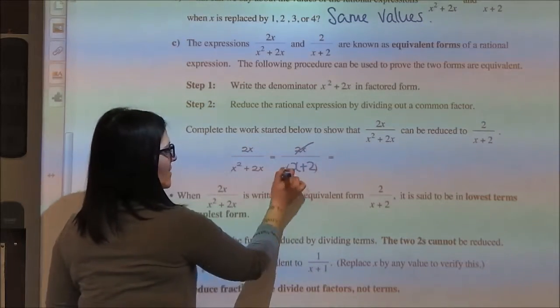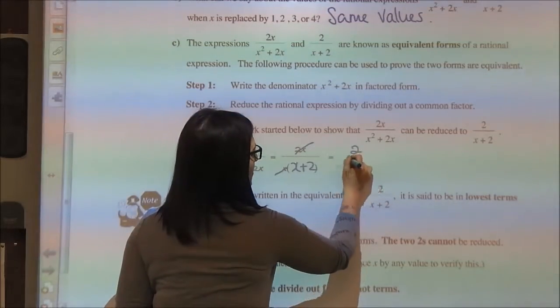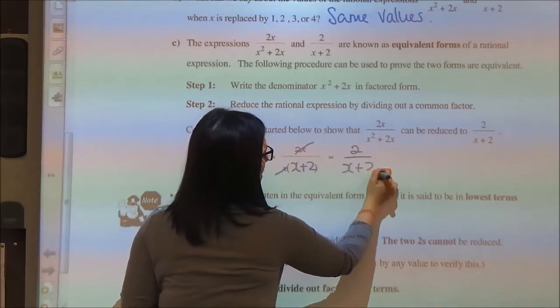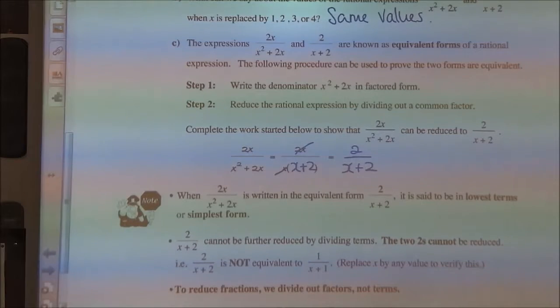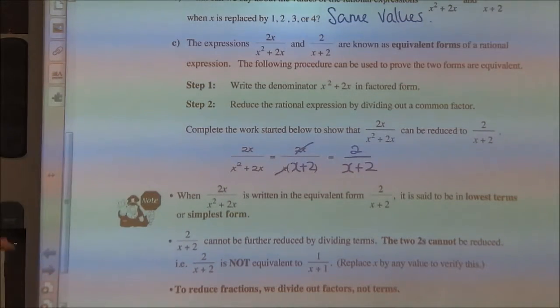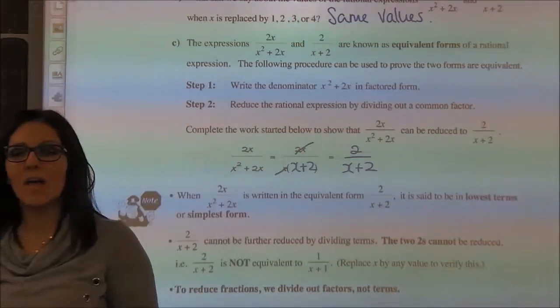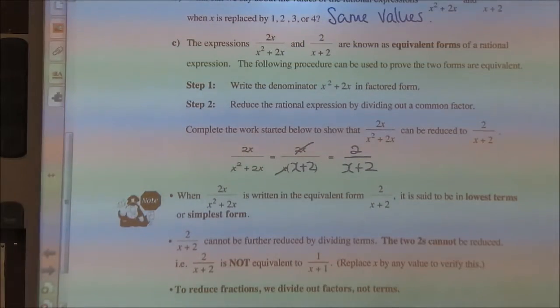This x is a factor, and this x is a factor. That leaves me with 2 over x plus 2 as an equivalent expression, which is the same as the second expression. So we say that this form, 2 over x plus 2, is in lowest terms.